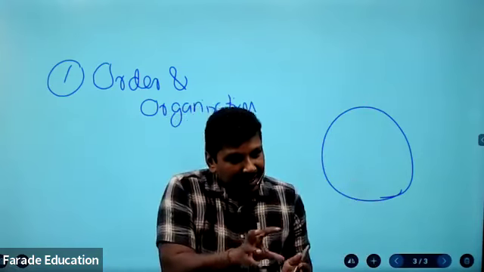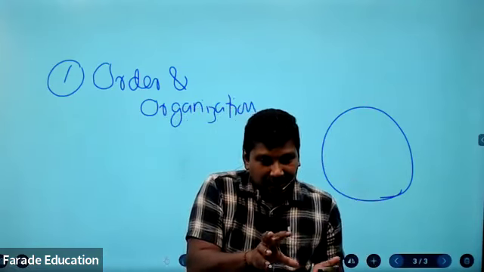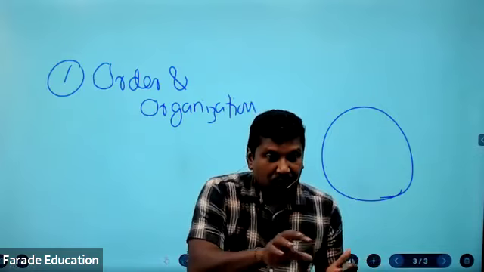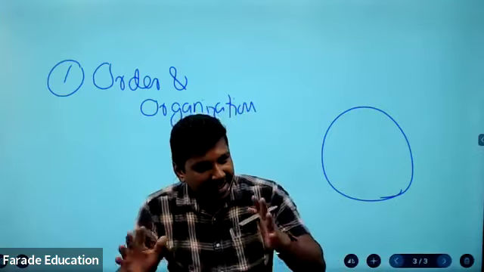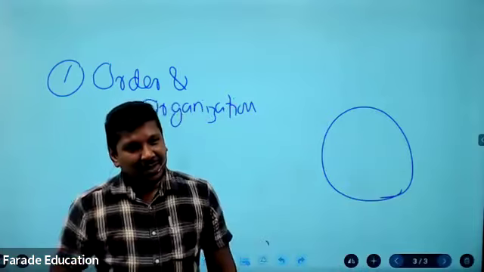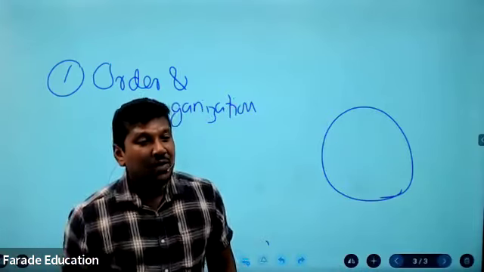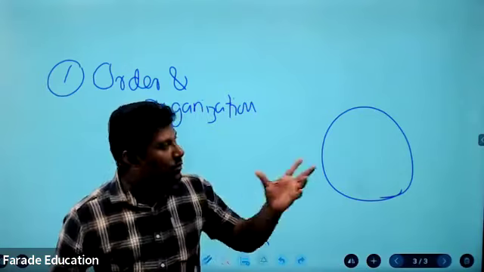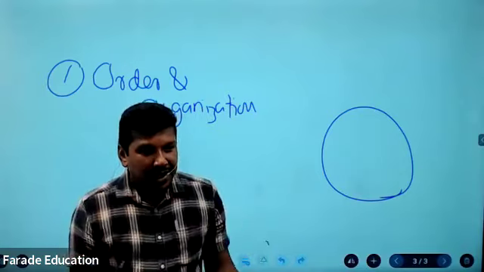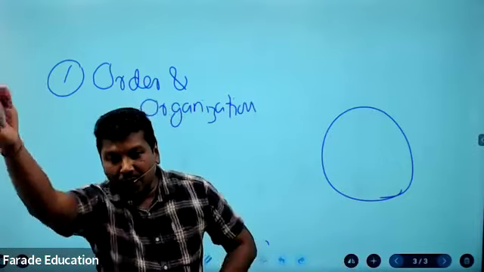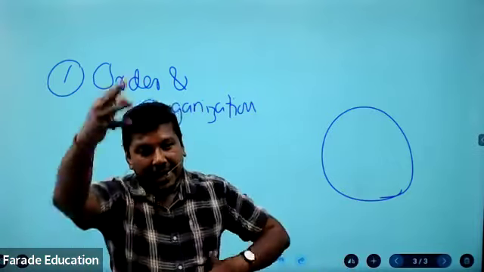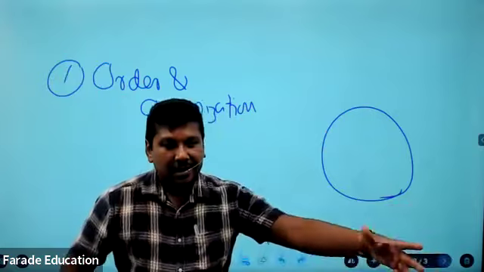If you have one cell, that's all. But if you have so many cells, they are arranged in a nice pattern. This quality is there only in organisms. You don't have this type of collection in sand, stones, water, air, fuel or sunlight.